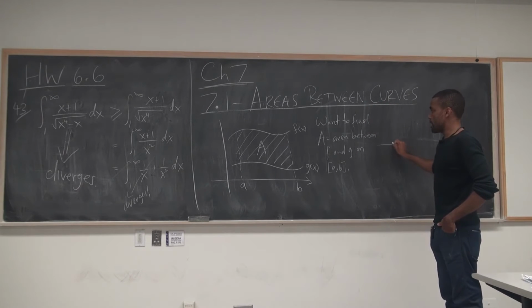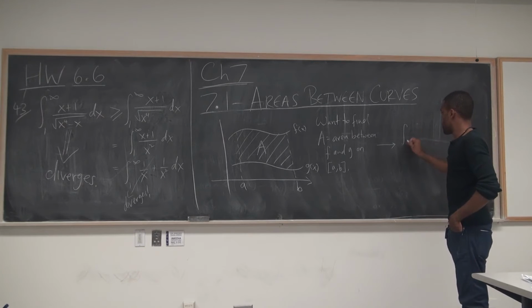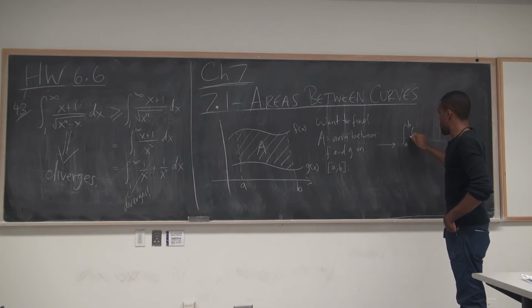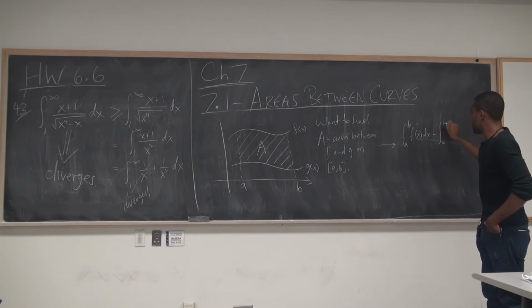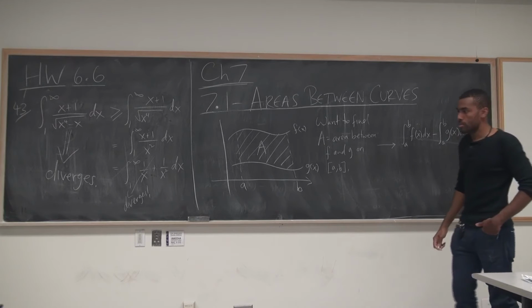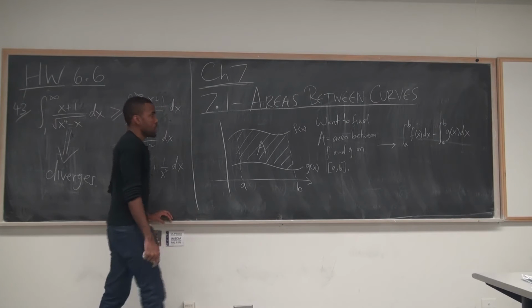How do you think I would do that? The integral from a to b of f of x minus g. Just subtract the integrals. Why would you subtract them? Because the integral gives the area.